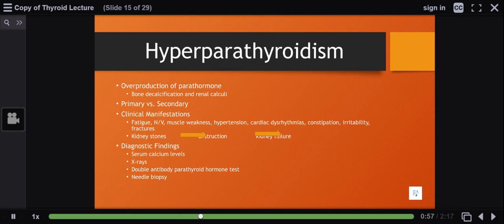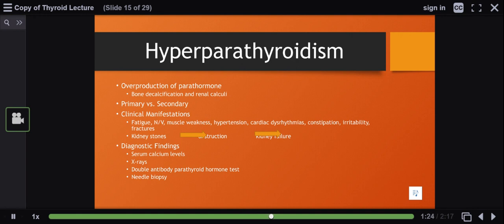Either way, whether it is primary or secondary, clients who have hyperparathyroidism suffer from bone decalcification or bone softening from the calcium being pulled out of the bone into the bloodstream. And oftentimes also suffer from renal calculi containing calcium.